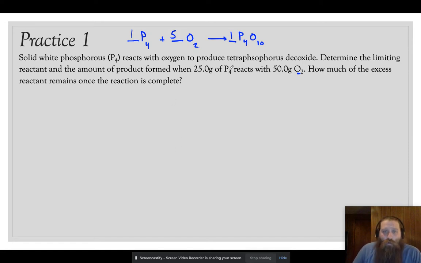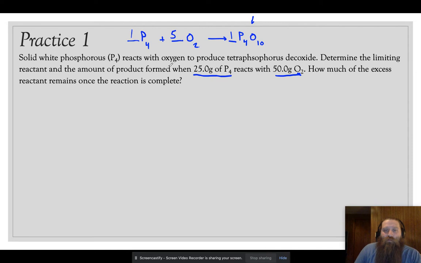Now that I have a balanced equation, I can get into my givens. So I'm given 2 things. I have 25 grams of each reactant, and they ask me how much product is formed when they react. So I only have 1 product, so that's good. We need to convert each of these reactants to that specific product and see what we make. So this is a 3-bracket question.